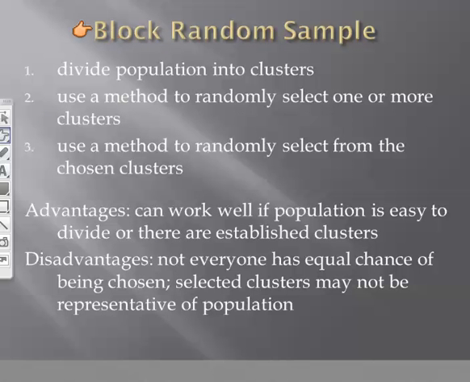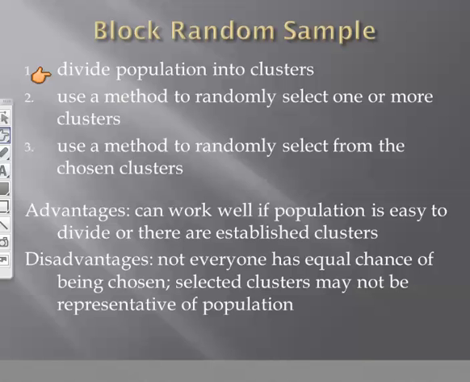Another method of doing this is called a block random sample. And what we're going to do is divide the population into clusters. Now, what do I mean by clusters? Well, if you took the population of American males in the United States, one way that you might divide them up might be by race.